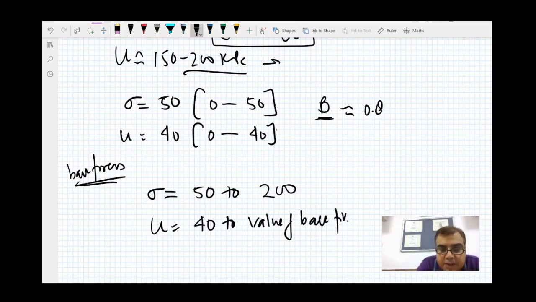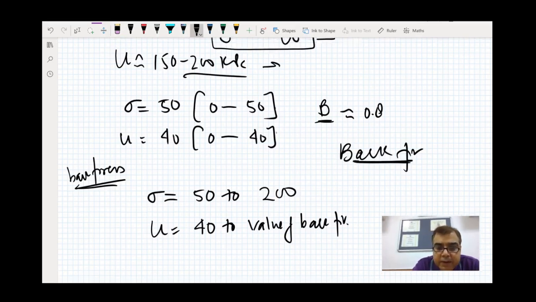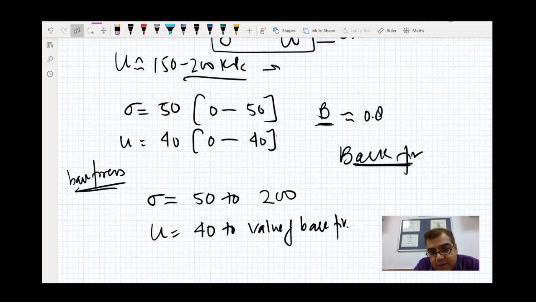Now the value of back pressure is under your control. Always remember, back pressure is under your control. So if I apply a cell pressure of 200, I'll probably put a back pressure of say 190. Let's fix it as 190.